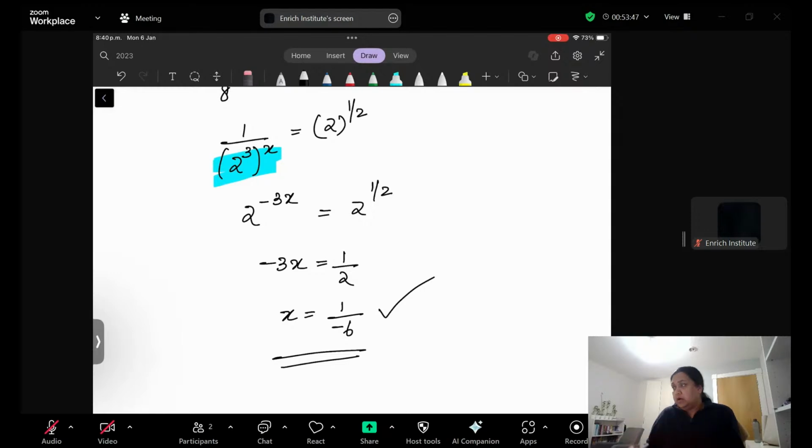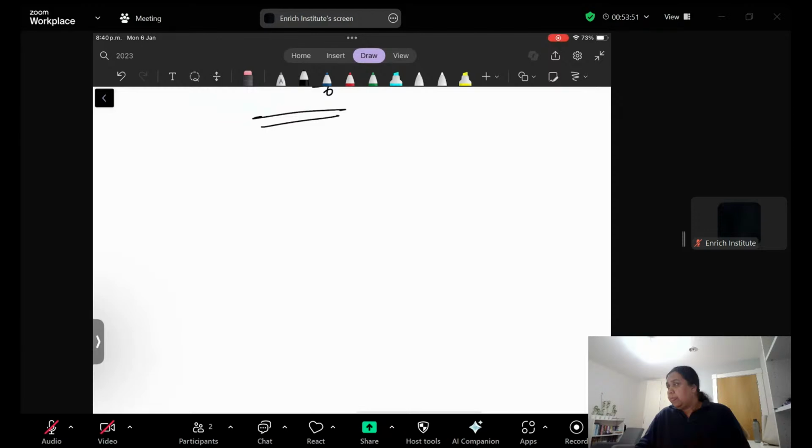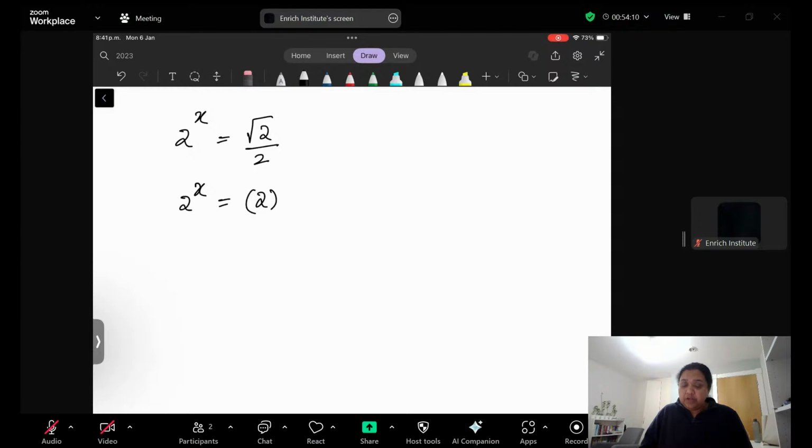Now similarly, let me take one more example. I'll work with 2 only. 2 to the power of x is equal to square root of 2 by 2. Understanding of this base concept is important to work with all the higher level maths, so that is why I'm writing on this. So 2 to the power of x is equal to square root of 2, which can be written as 2 to the power of 1 over 2, divided by 2.